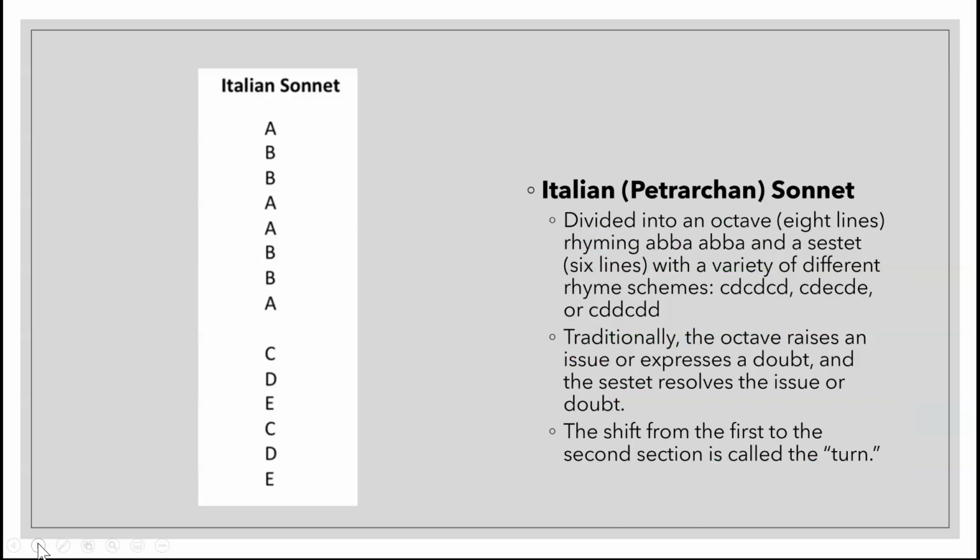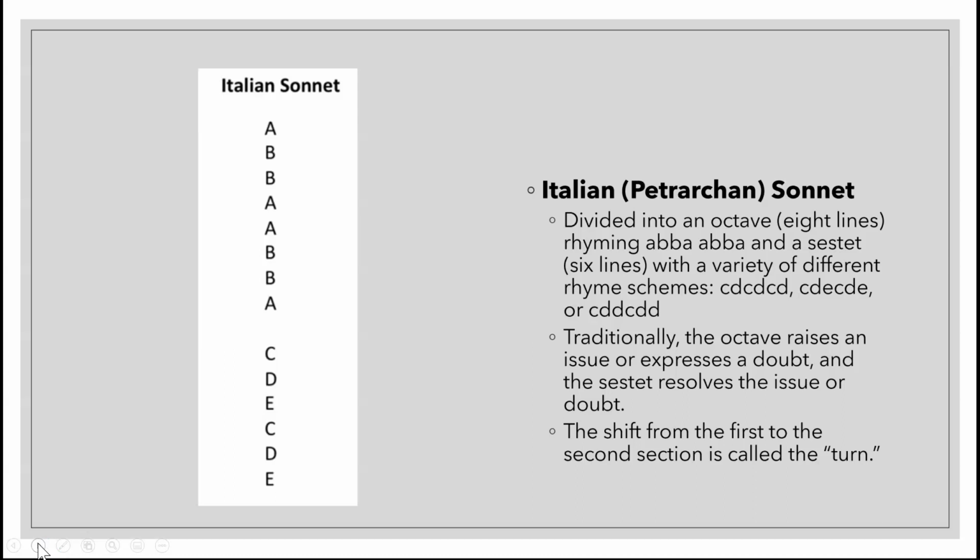The Italian sonnet is divided into an octave, which is 8 lines, rhyming ABBA, ABBA, and a sestet, 6 lines, with a variety of different rhyme schemes, including CDC, CDC, CD, CD, CD, CDE, CDE, or CDD, CDD.